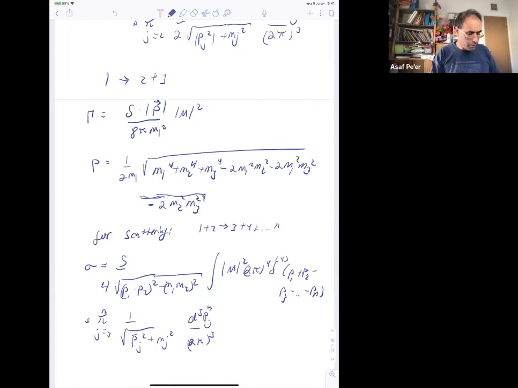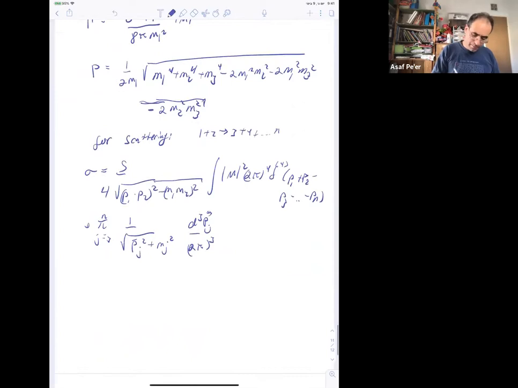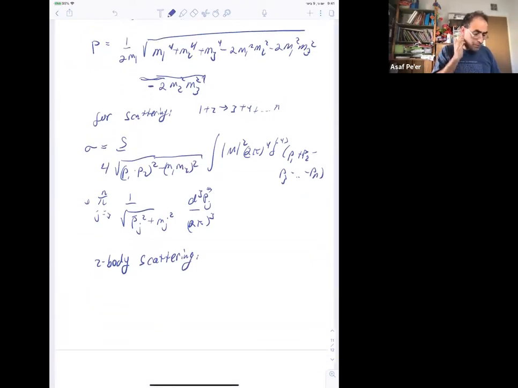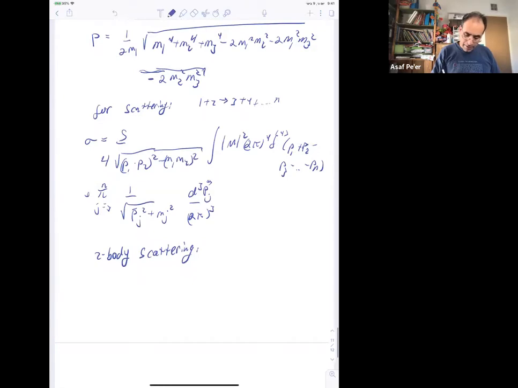When we spoke about two-body scatterings, that means we start with 2 particles and end up with 2 particles.